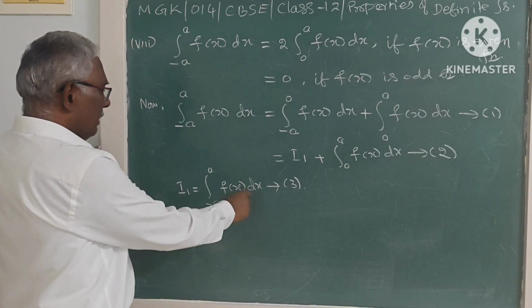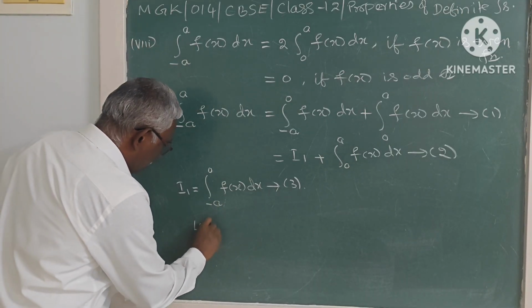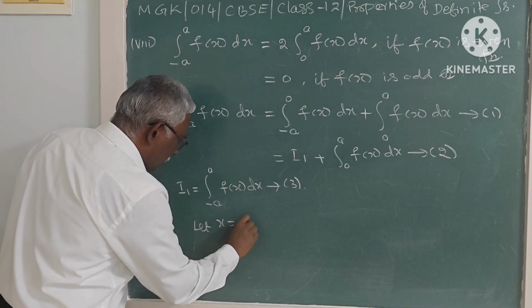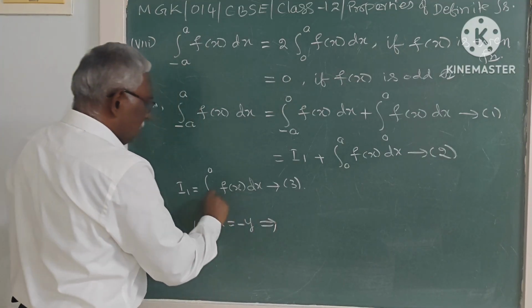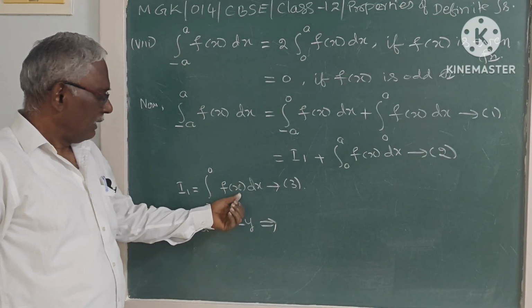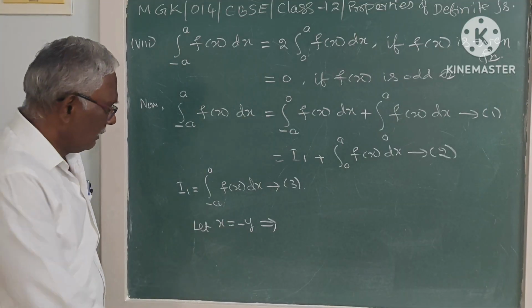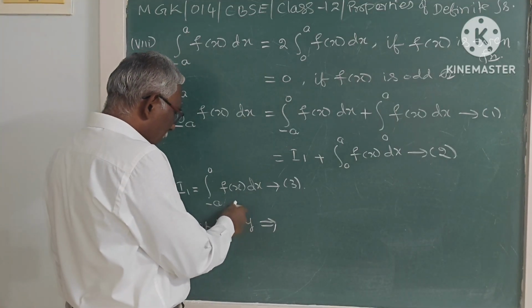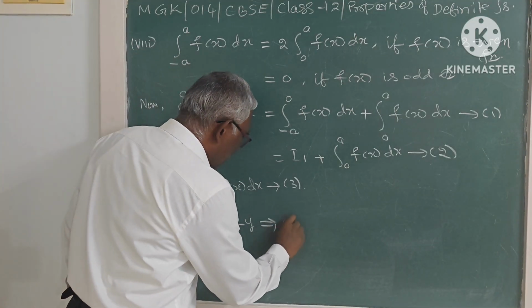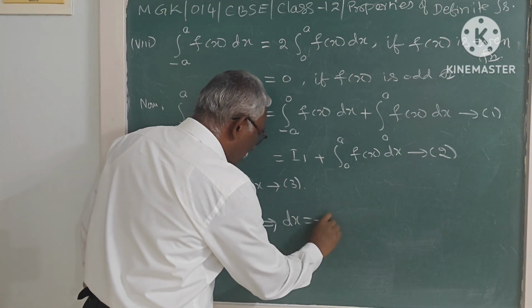Now let x is minus y. In this, we are putting x is minus y. So what will happen now? dx is equal to minus dy.